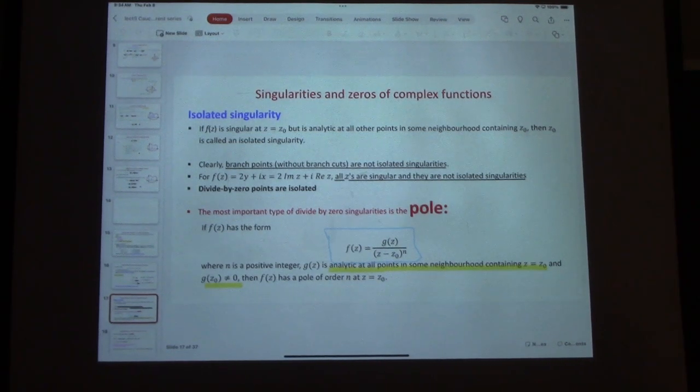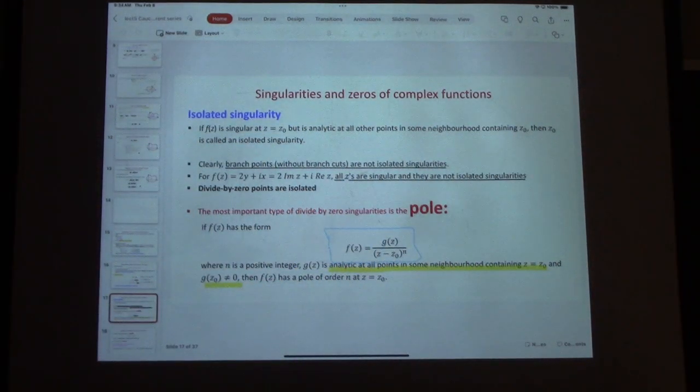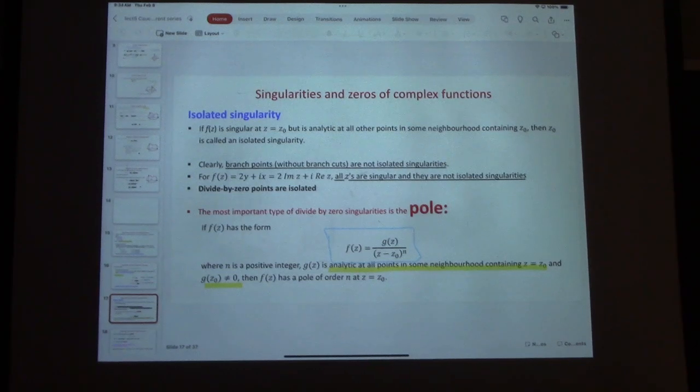Okay? All right, then we say, okay, there is the isolated singularity. Typically, this divide by zero is isolated. And then you have non-isolated. This branch point, some functions are non-analytic at every single point. Give an example, right?